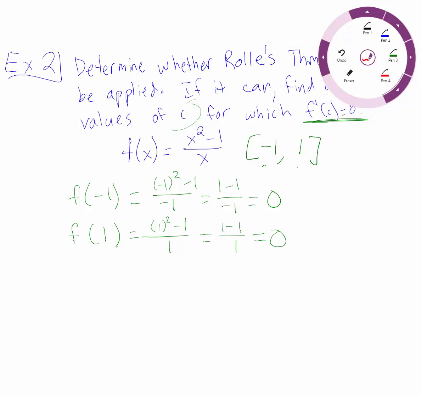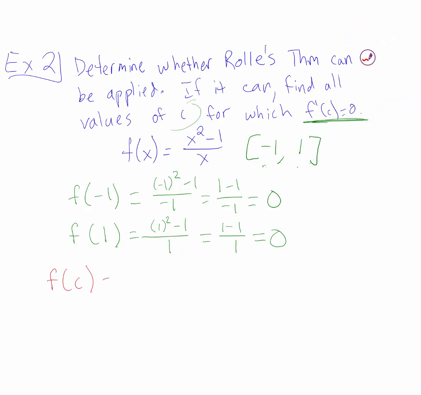So just to make sure I'm using c, I'm going to change this to f of c equals (c squared minus 1) over c, right? That was my original. And then I'm going to take the derivative of that. So f prime of c, this time we're going to do the quotient rule.